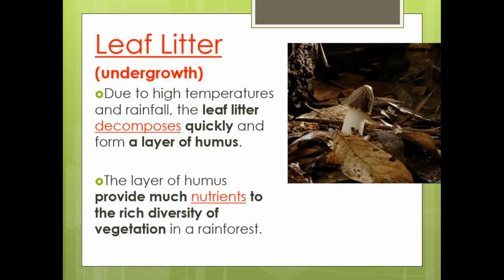Because of the great amount of leaf litter, there is a large amount of humus, and therefore these forests have plenty of nutrients to support the large diversity of vegetation in that forest.